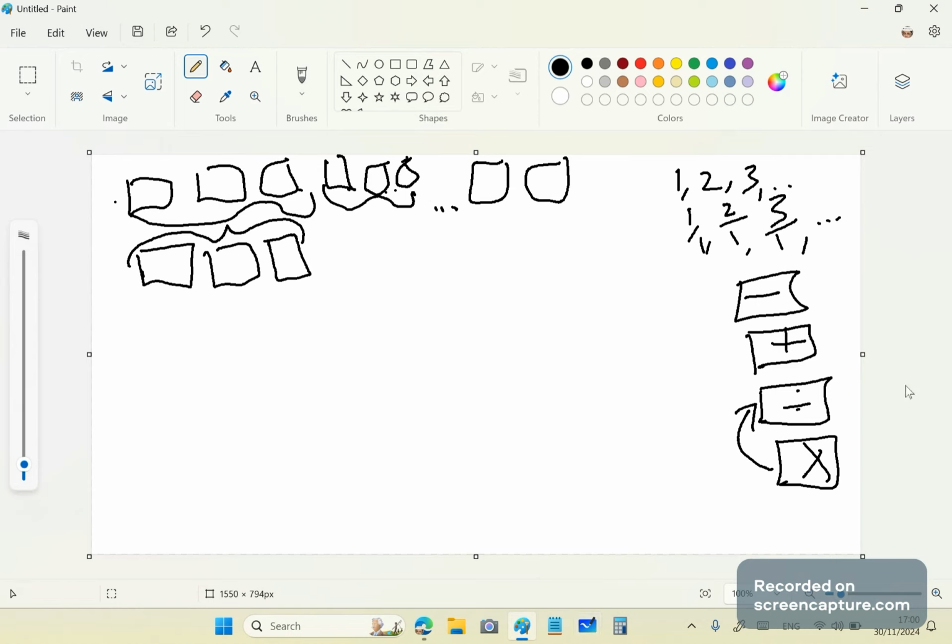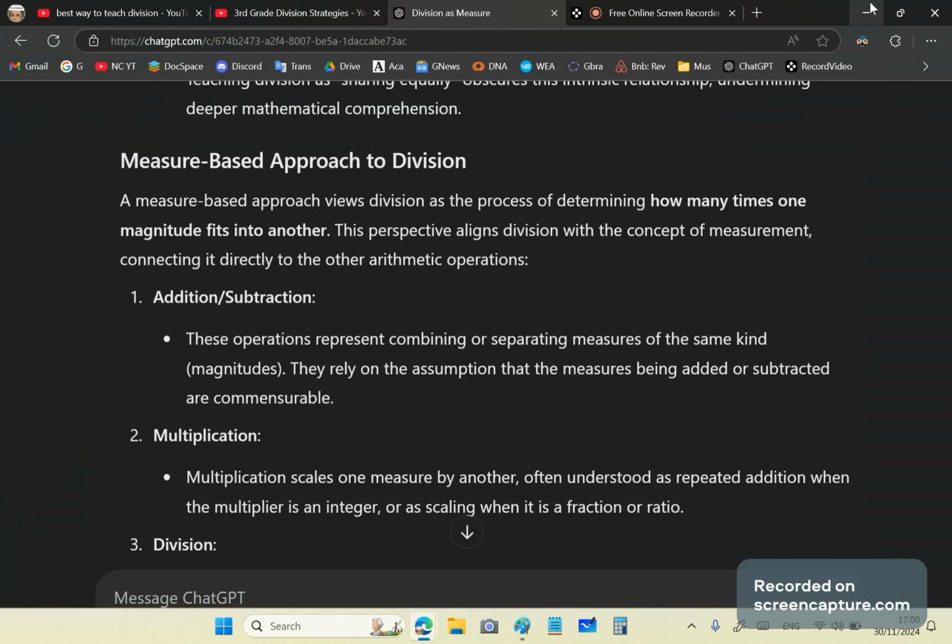That is consistent across every type of number. And a kid will easily grasp this concept because it's easy for them to take a measuring tape and place it against something that they're measuring and look at the measuring tape and see how far it runs along the length of the object.